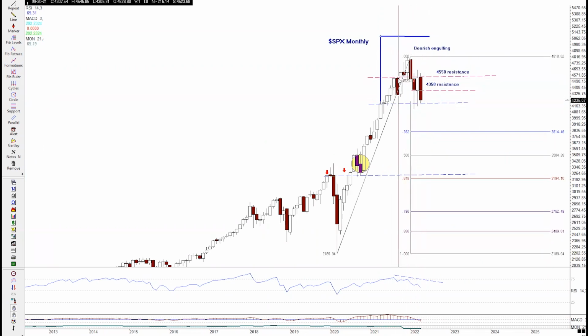If you notice on this chart, as the price progressed to the upside up through this resistance area right here, many of these opens and closes are all within the same price area.